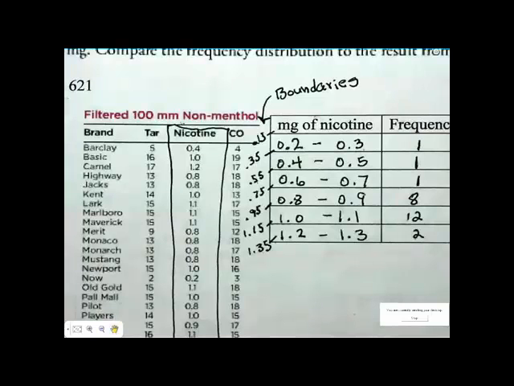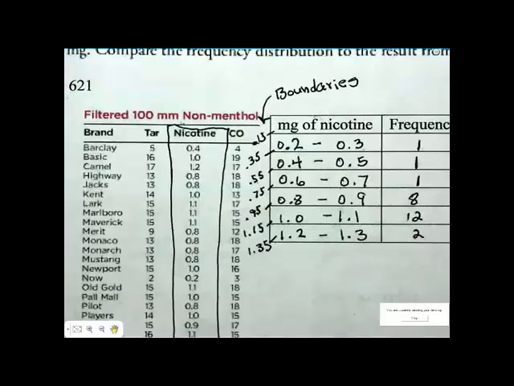So I didn't need to go up to 0.399. I just needed the next 10th before 0.4 and the next 10th before 0.6. That was a better way of describing it, the 10th before, because all my data values were to the nearest 10th. I didn't need to go to the 100th or 1000th.